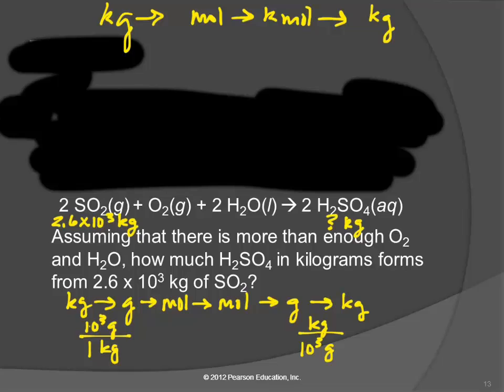Let's actually write that out. So 12.01 grams of carbon equals 1 mole of carbon, right? That's the molar mass of an element. So if I multiply this side by kilo and that side by kilo, is it still equal? Yeah.